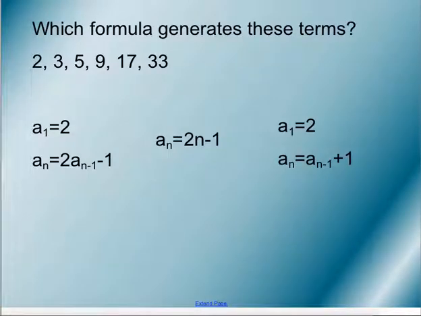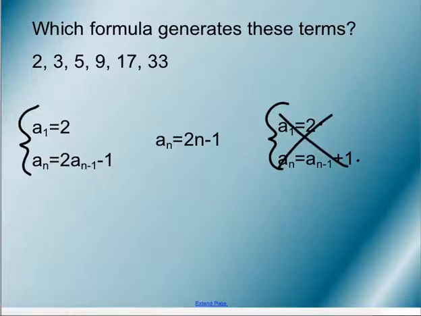And then lastly, let's look at this sequence and see which one of these formulas generates what we have up there. So, 2, 3, 5, 9, 17, 33. It doesn't look like there's a pattern to say, oh, I'm adding 1 every time. So in this case, if we start with 2 and add 1 every time, that's not going to work. Maybe it's one of these two.